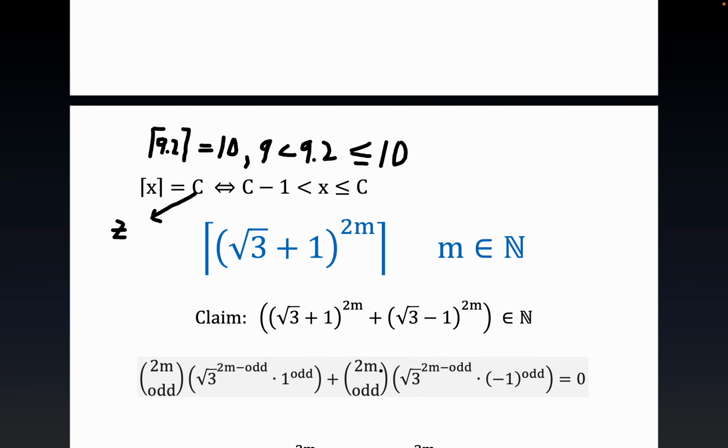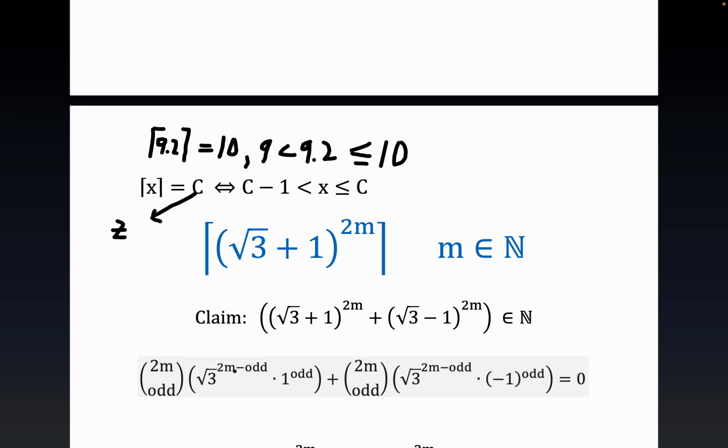But notice that this is true because this is what they call a classical alternating series where the negative terms cancel out. Now notice right here, this 2m choose odd. This is a typical term in this binomial expansion right here with odd exponents.